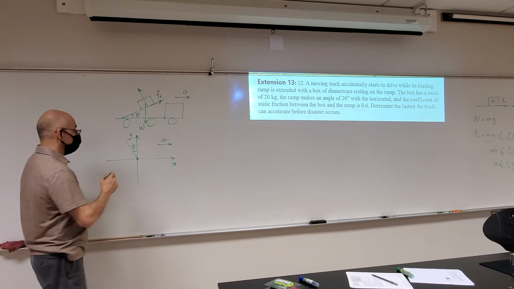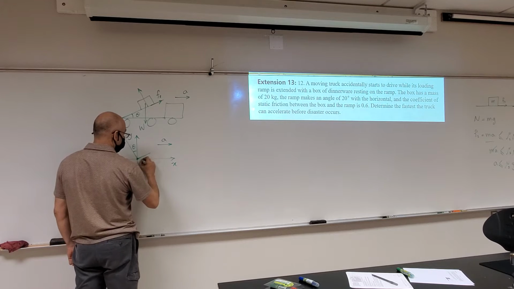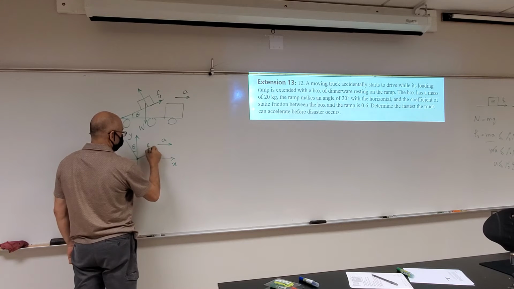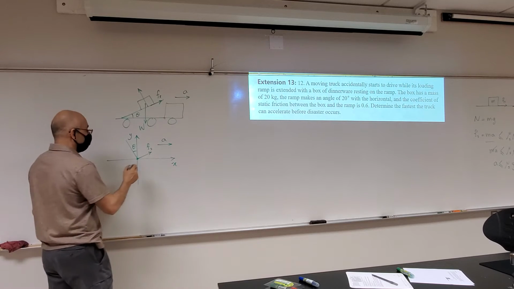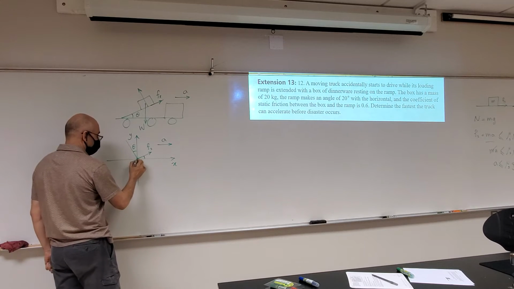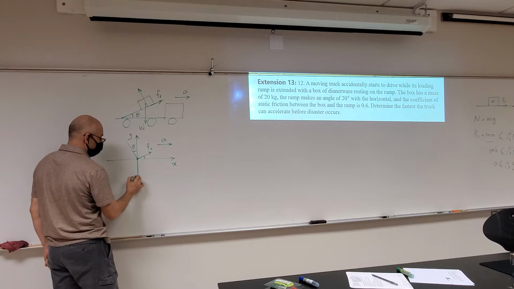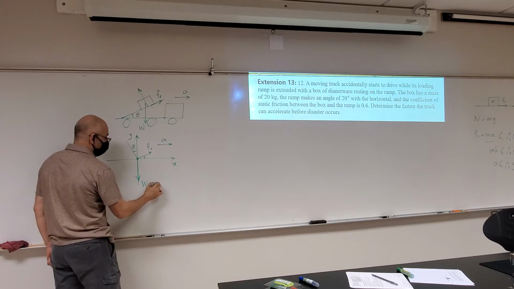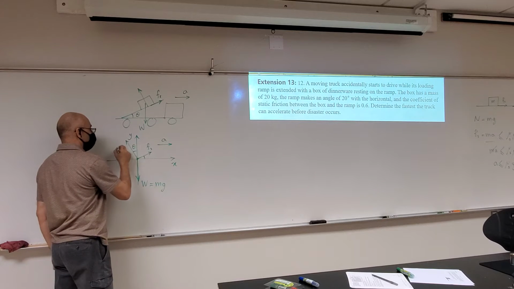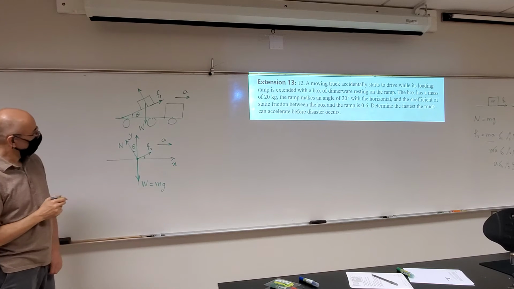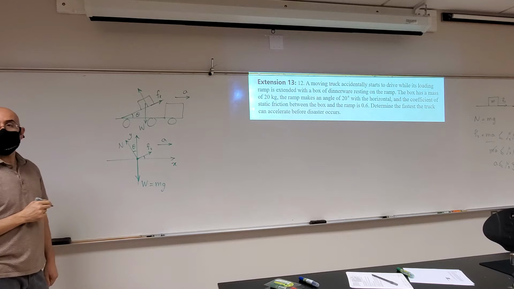And the friction makes the same angle with the x direction, Fs. The same angle here. And this is the weight, mg. Normal force. And so this is the situation.